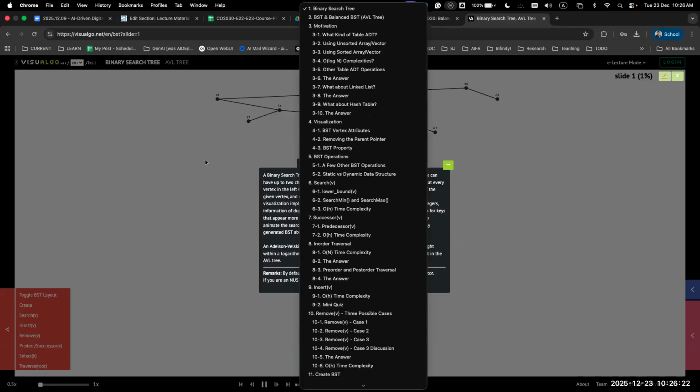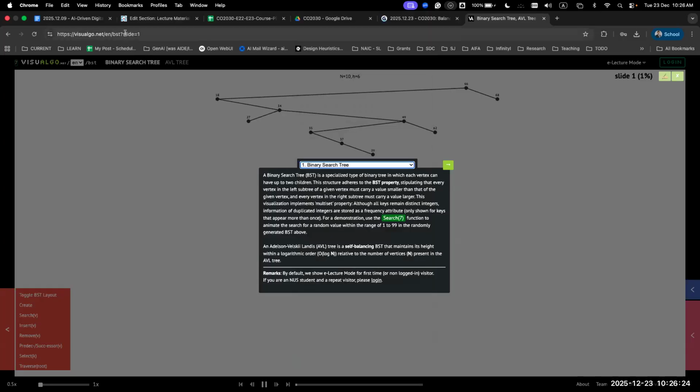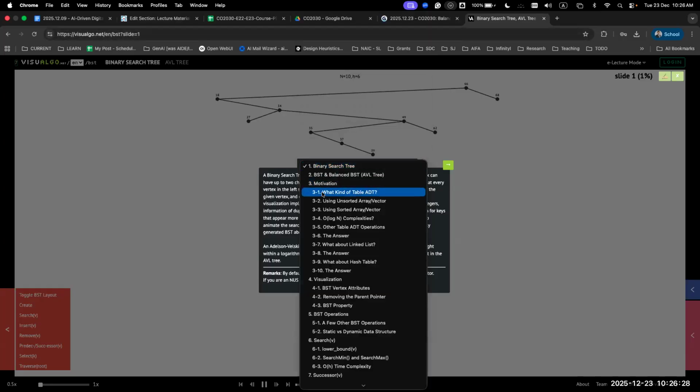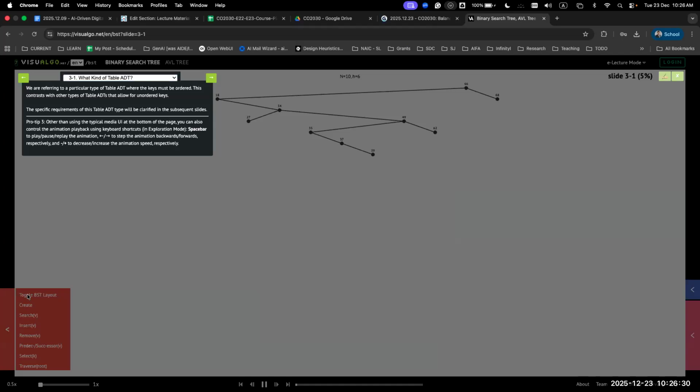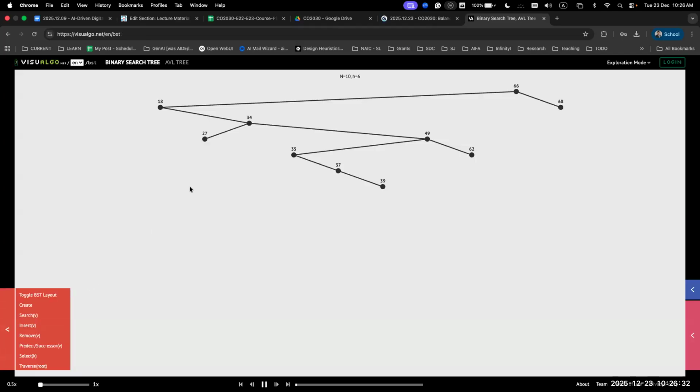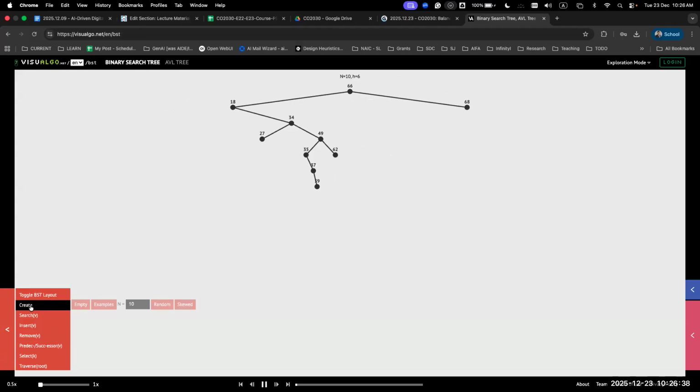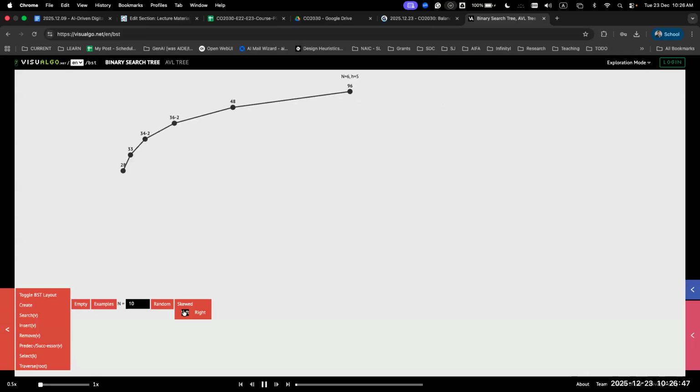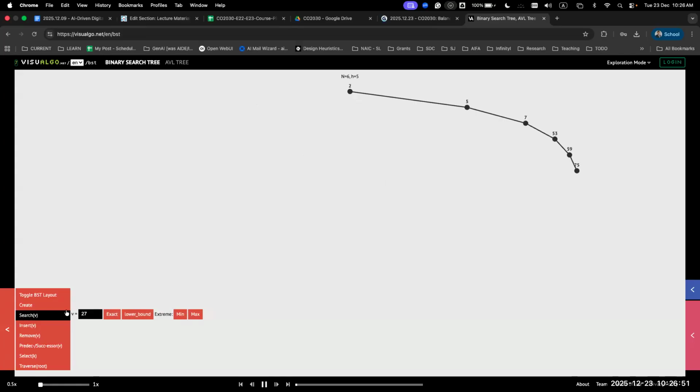I suggest you spend some time going through this website, because it goes into examples. For example, if you go here, that is a particular binary search tree. You can make one, and you can even create a binary search tree with some random numbers, or a skewed one, let's say a left skewed one, or a right skewed one, and then you can search in a tree like that.